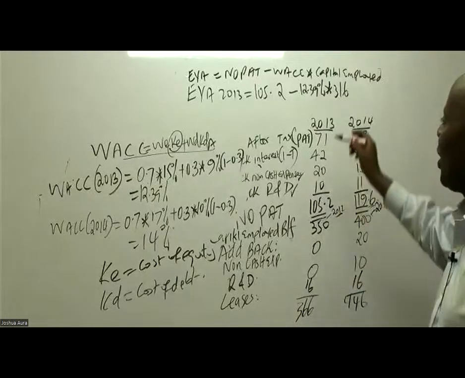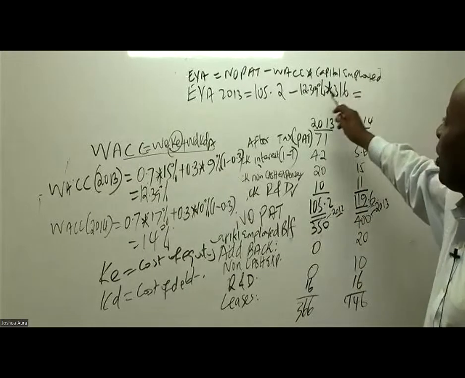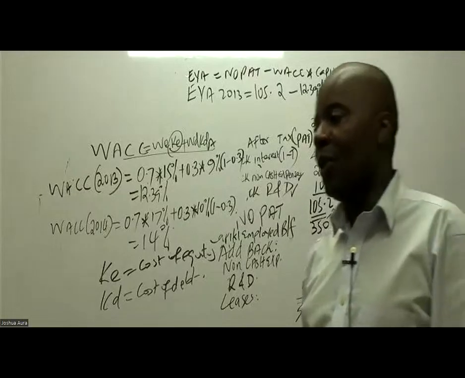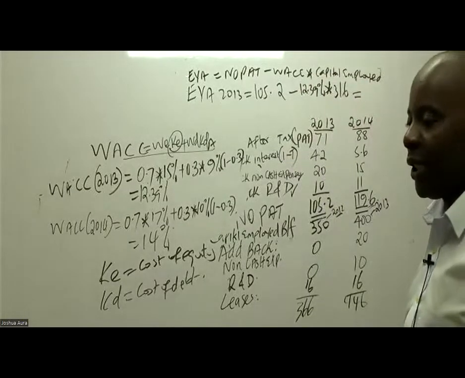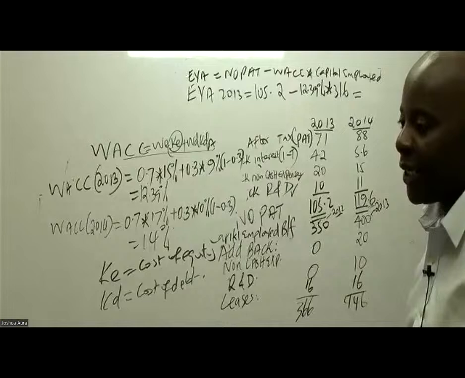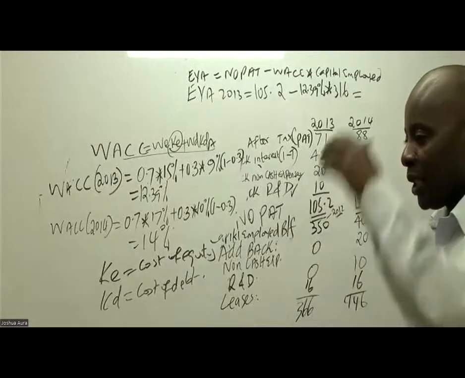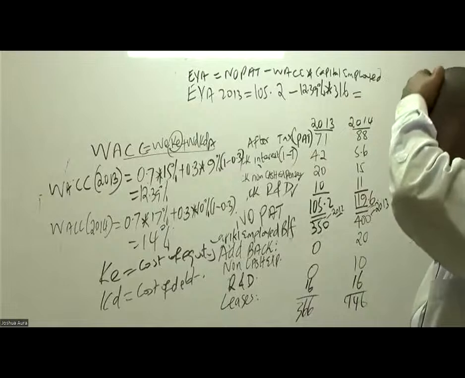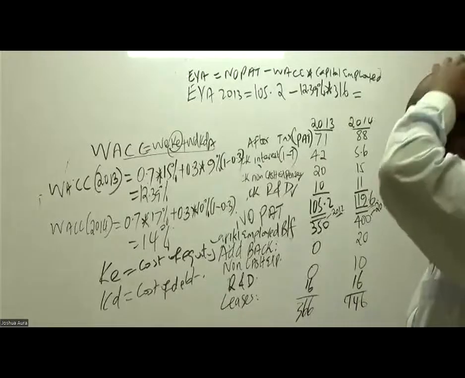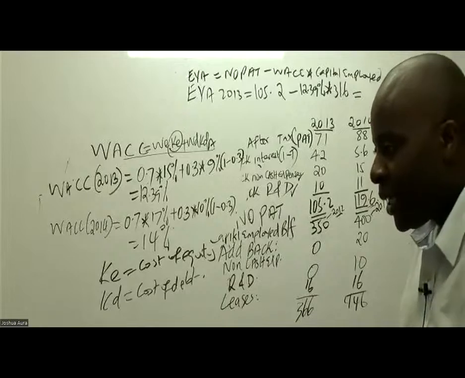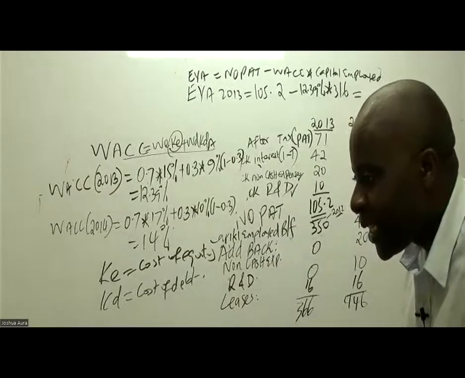So please ensure that you are able to use your calculator very well to give me this answer of EVA in 2013. What are we able to get? Doreen Gatui tells me 366.